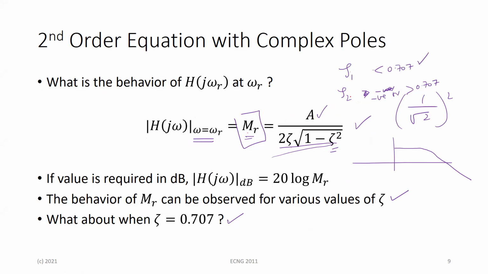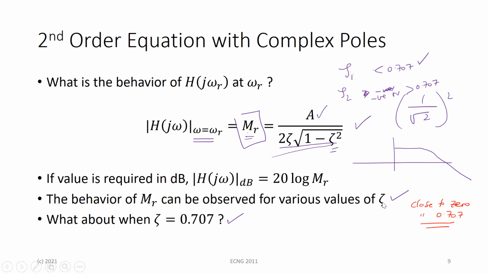You're going to get the two values here. And because the response has a peak in it, you have to pick the one that is between 0 and 0.707. If you get two values, and one is close to 0, and the other one is close to 0.707, both of them are legitimate values.